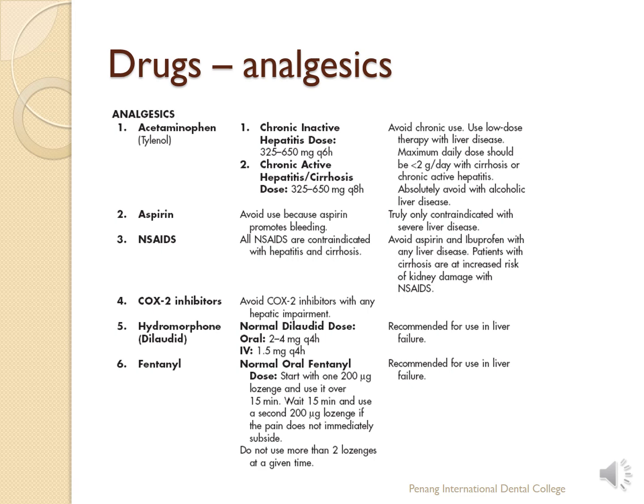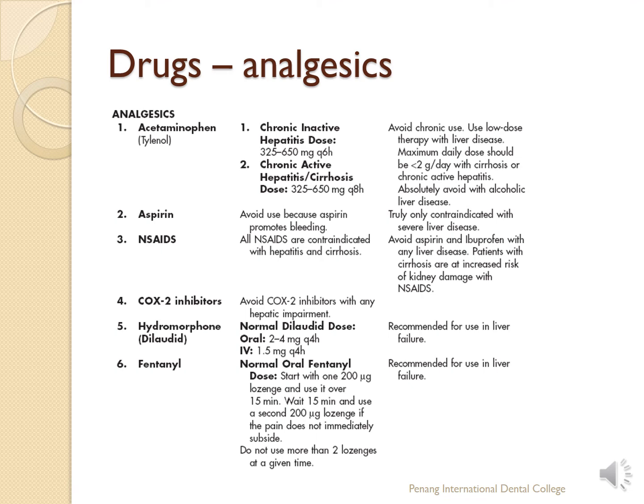Among the analgesics, you can prescribe paracetamol. However, in the previous tabular column, it was mentioned that acetaminophen is contraindicated. It is not like that. You can prescribe paracetamol, however you should reduce the dosage. As a rule, avoid chronic use and use low dose therapy in liver disease.